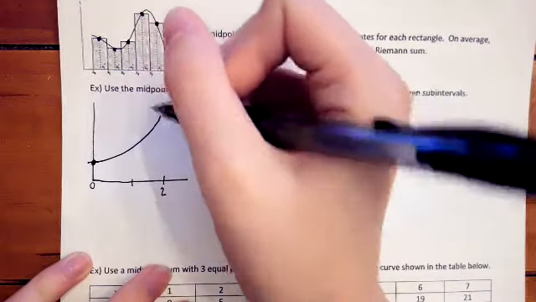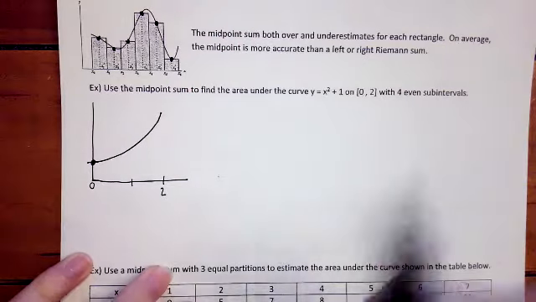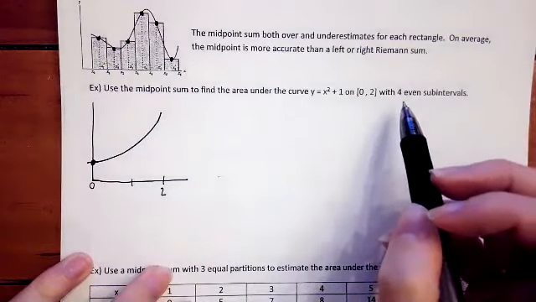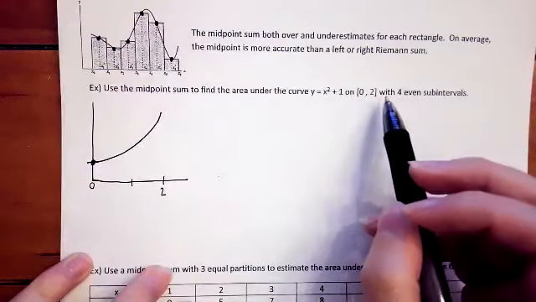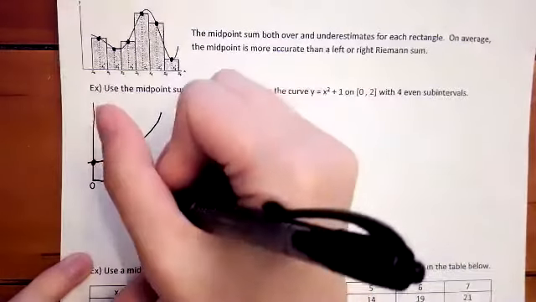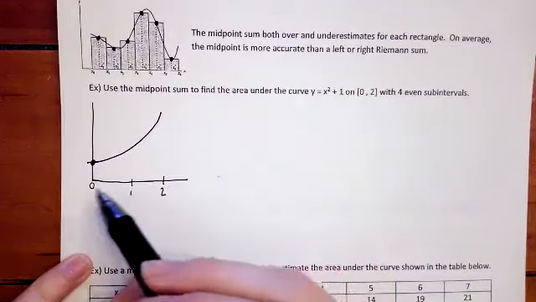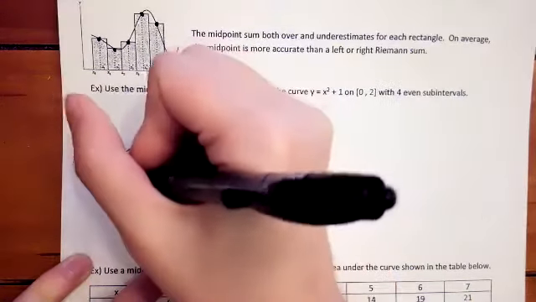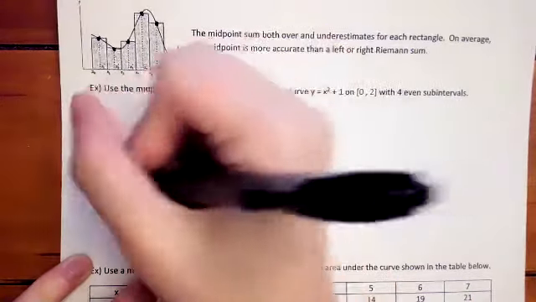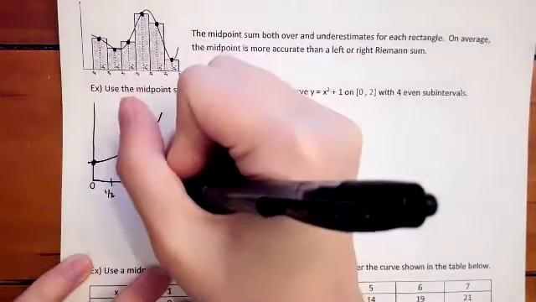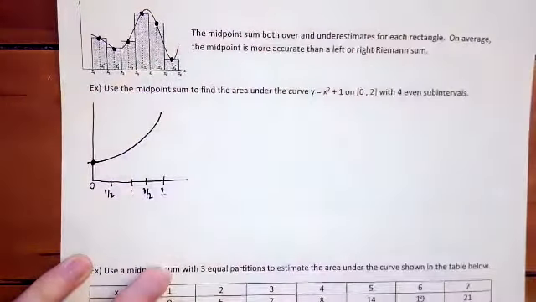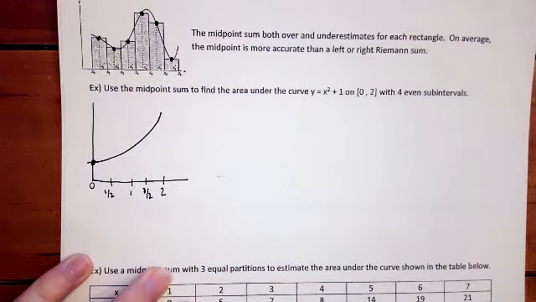So we want 4 subintervals from 0 to 2. So right now I have 2 subintervals with 0, 1, and 2. So to get 4, I'm going to split each of these in half. Okay, again, my drawing's not super accurate, but we are going to attempt to get our picture.